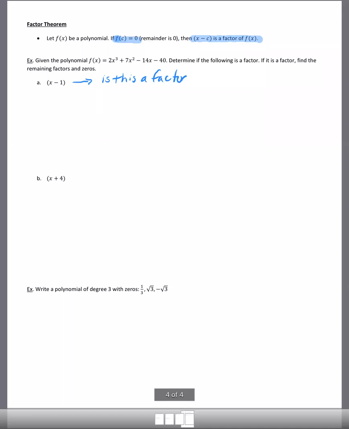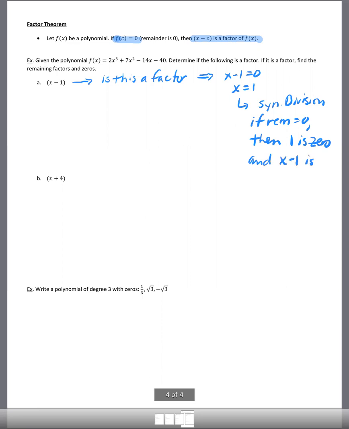What that implies to us then is that if we were to take x minus 1, set it equal to 0, we'll find out that x is equal to 1. And from this, we'll use synthetic division, since our divisor was to the first power. And if the remainder is equal to 0, then 1 is what we call a 0, and x minus the 1 is a factor.